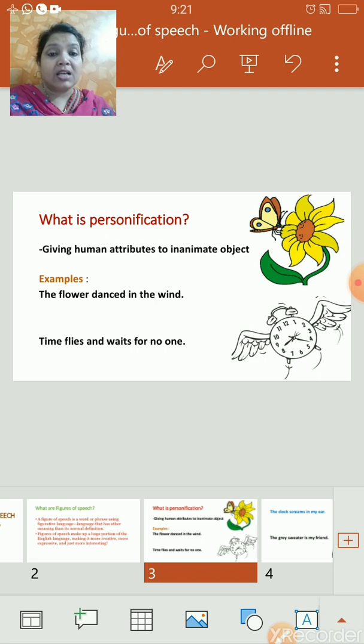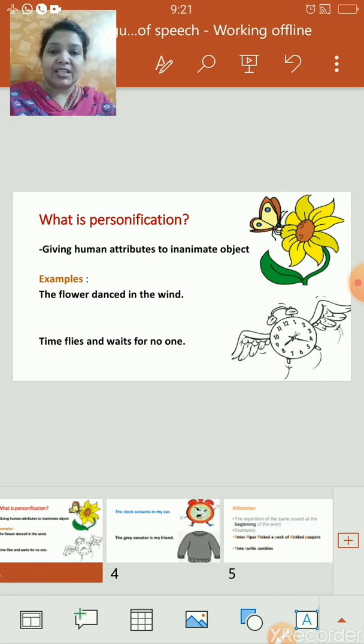The flower danced in the wind. Here we have given a human quality to the flower. We know that a flower can't dance, but still the flower danced in the wind, so that's personification. Time flies and waits for no one. We have also given a human quality to time, so that is personification.